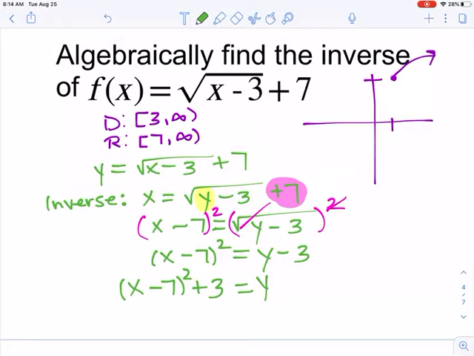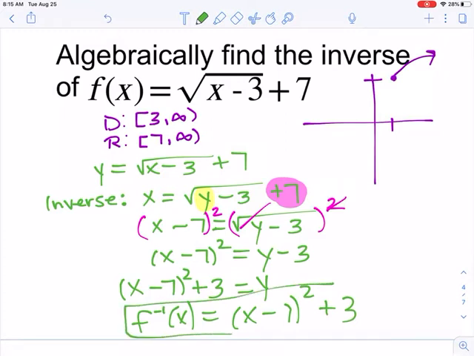So I'm going to go ahead and fix that. This is why we do math in pencil, because sometimes we make mistakes, even Miss Homan. Okay? All right. So our inverse is x minus 7, the quantity squared, plus 3.